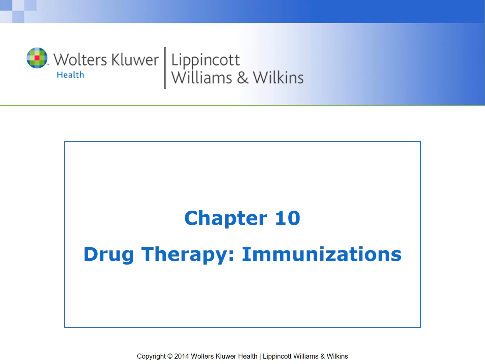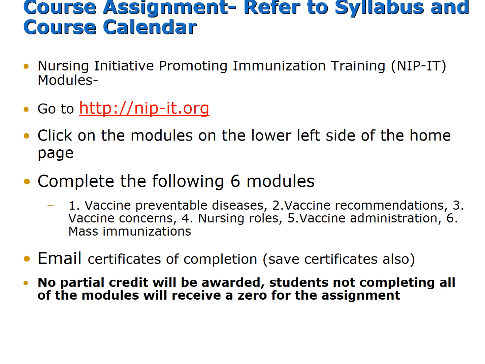We're going to be talking about drug therapy for immunizations. One of your course assignments for this unit is about continuing education for immunizations, and we have a website that you go to.